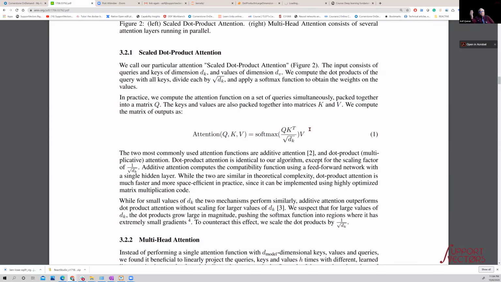It's just a scaling factor so that later, when you're doing gradient descent and computing the gradients, it is convenient. Think of it as a technical detail to make sure your computations work. Even if you erase the square root of dk from the equation, the attention still remains attention. It is just a way to make sure the computations are fine.